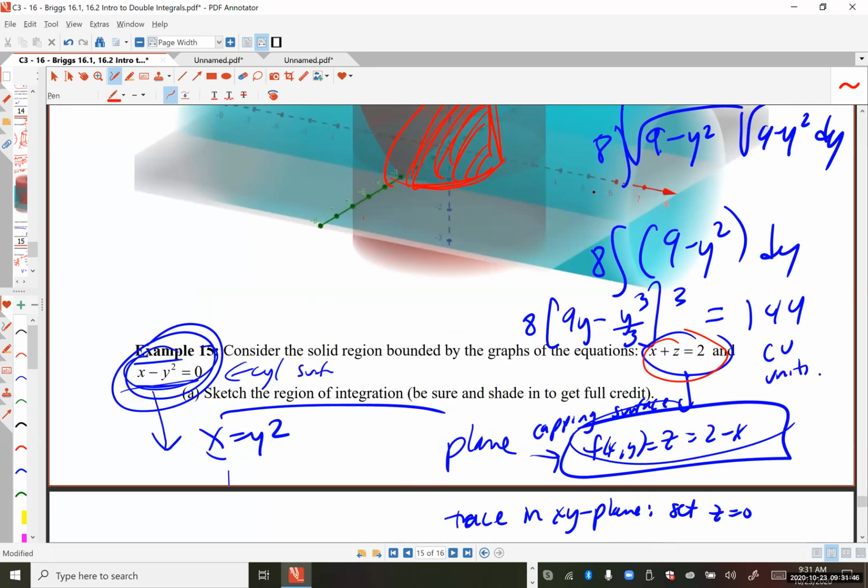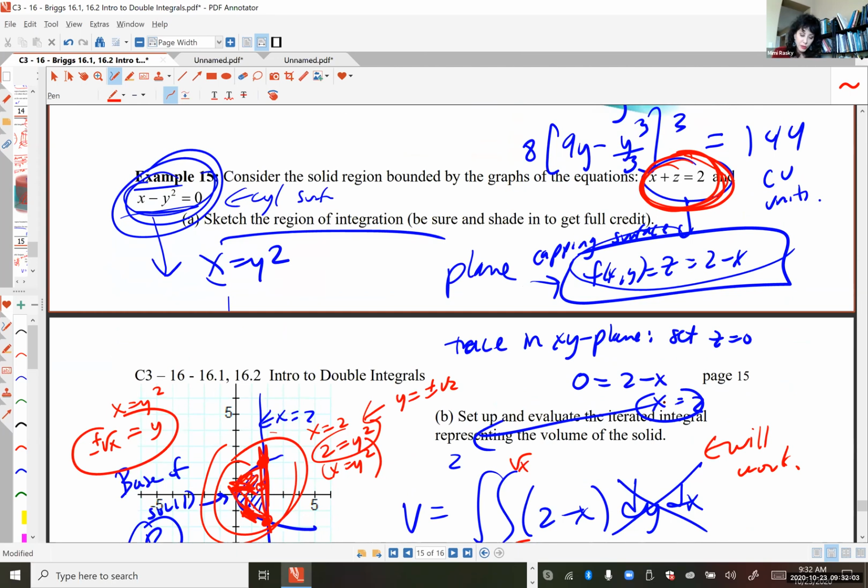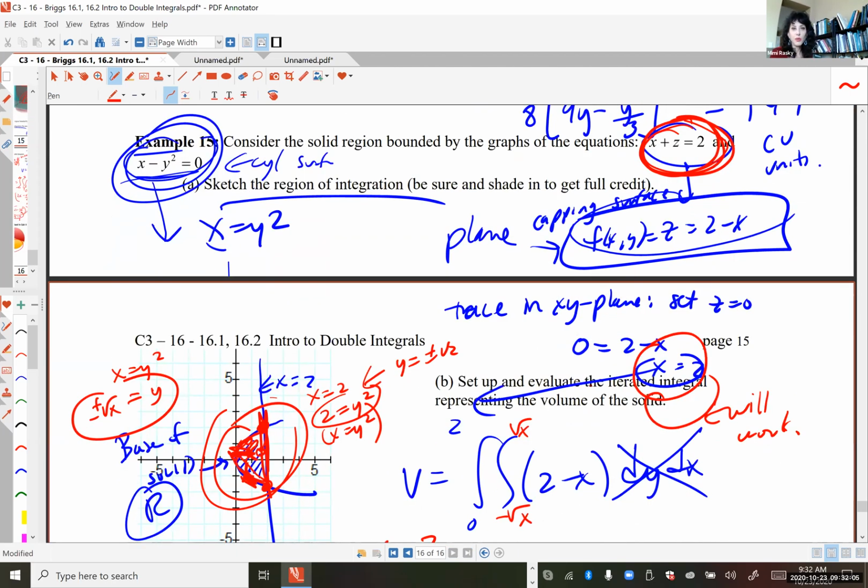The fact that it looked like it went on to infinity. That's one of them. And when you set z equal to 0 in the equation that has a capping surface in it, it actually does cut through the XY plane because you get x equals 2, and that can be graphed in the XY plane.